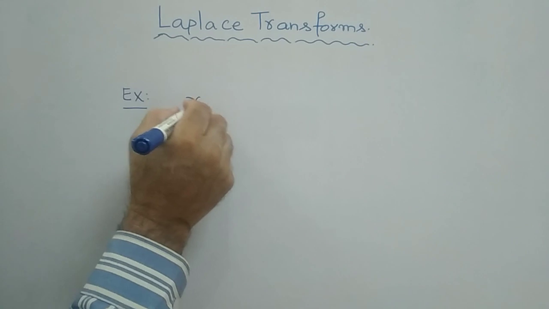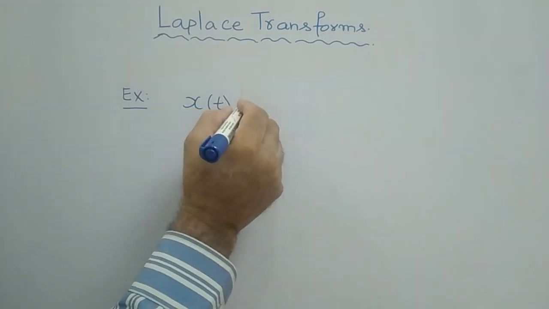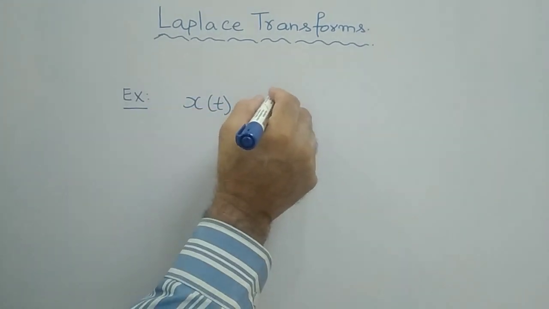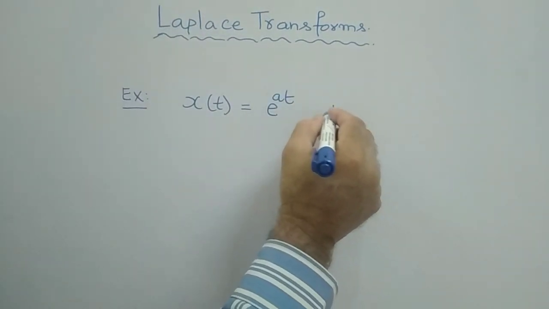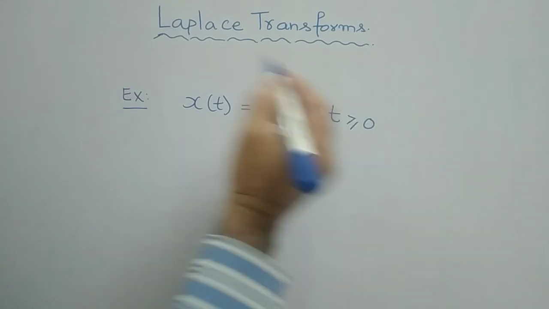Let us say x of t is equal to an exponential function e power a t, where t is greater than or equal to 0. This is the given function.